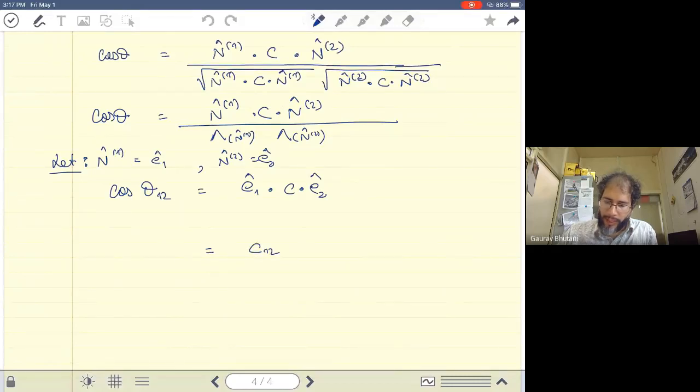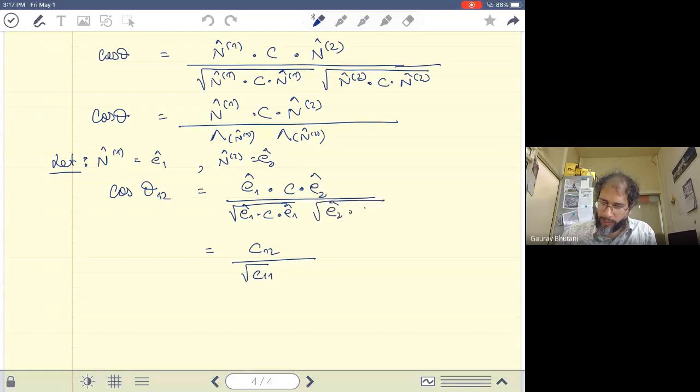And in the denominator, we have square root of E1 dot C dot E1, which is nothing but square root of C11. And then we have square root of E2 dot C dot E2. That becomes square root C22. Okay, so what we've done is we have written cos theta 1, 2.